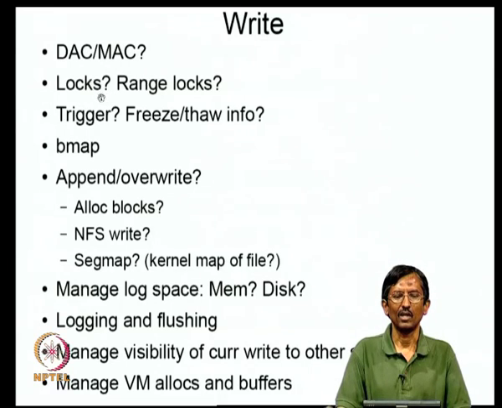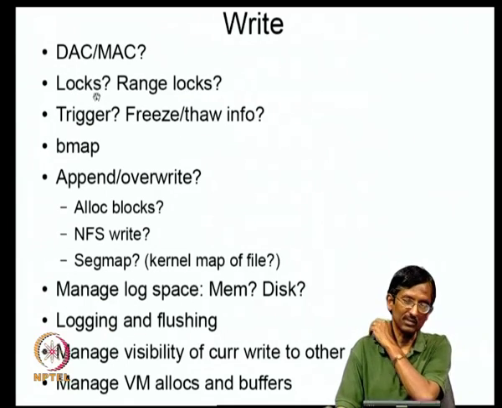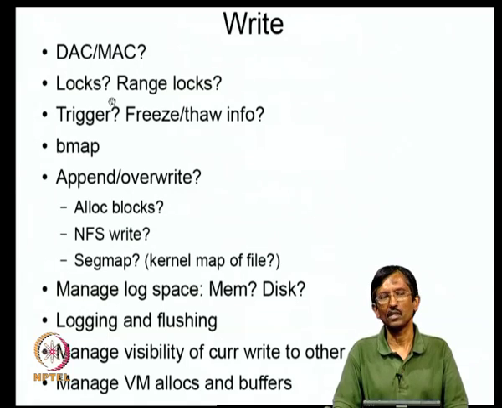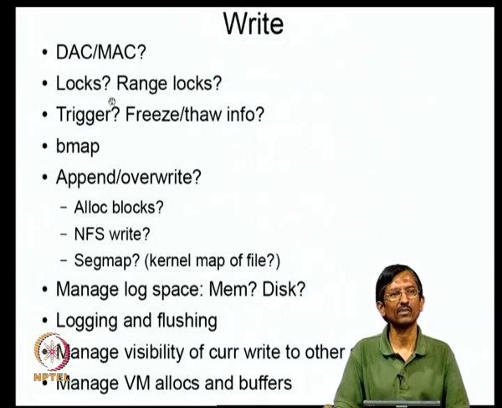And it is not just the locks of the file system, it will also be the locks of the VM subsystem, the virtual memory subsystem. And as we discussed before, there is a strong interaction between the file system and the virtual memory subsystem. And the virtual memory subsystem also takes certain locks, for example, address space locks. If you are doing an mmap, it will take address space locks, and other kinds of locks corresponding to the VM part of it.